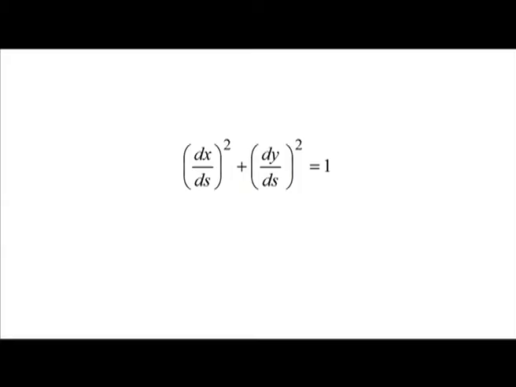Now, using the trigonometric identity cos square psi plus sin square psi is equal to 1, the above equations give (dx by ds) all square plus (dy by ds) all square is equal to 1, or dx all square plus dy all square is equal to ds all square.